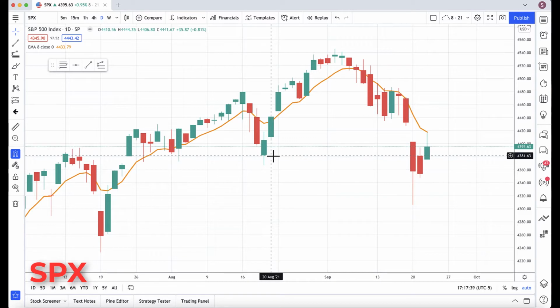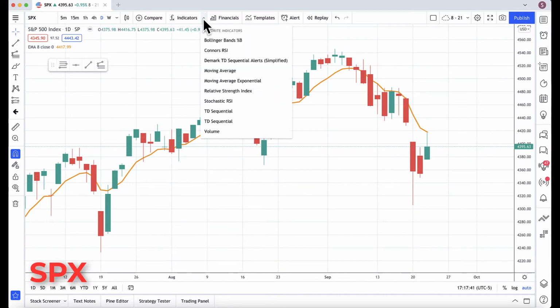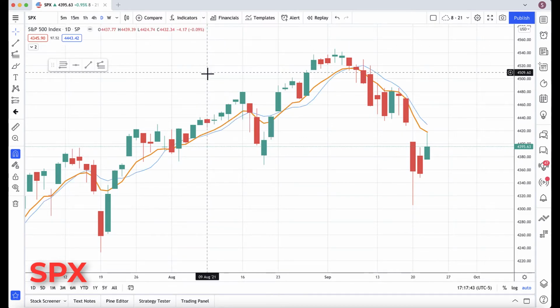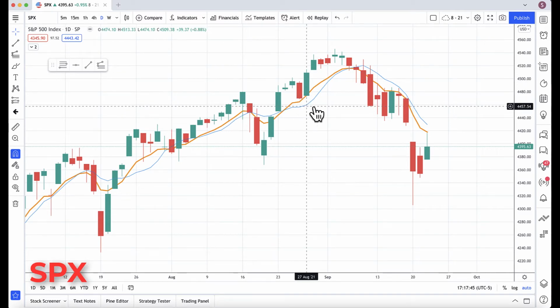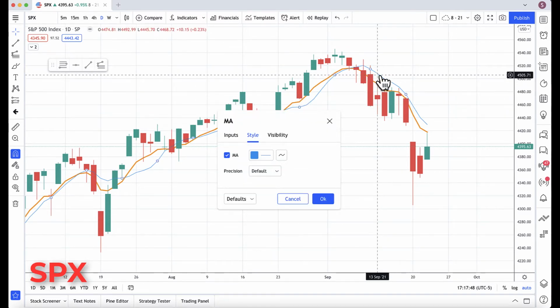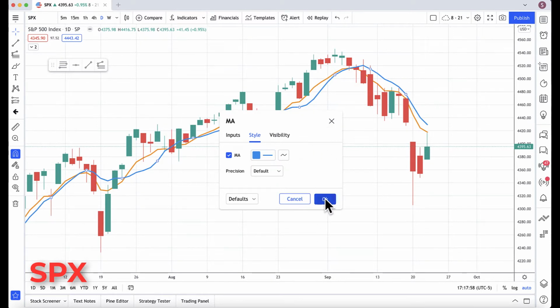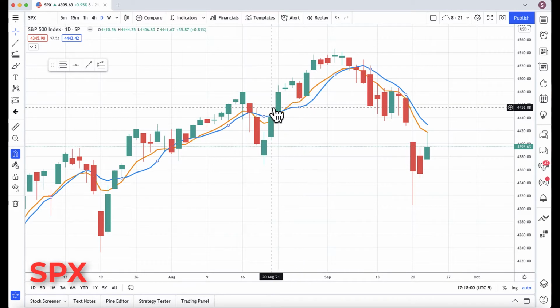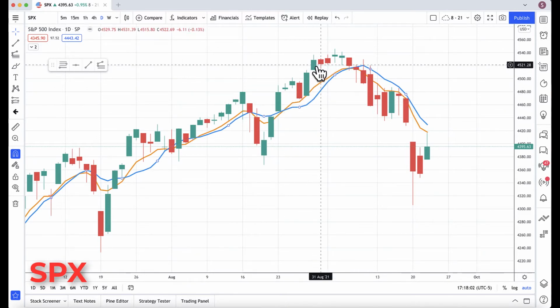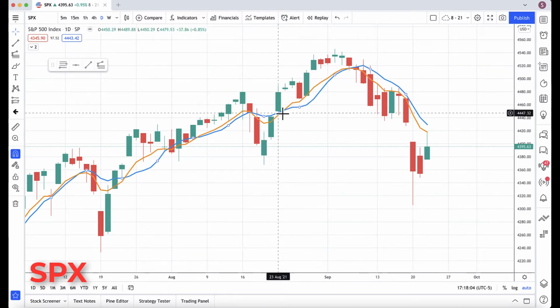What's exponential versus simple? If I put up a simple moving average, you can see here that's that thin blue line. Let me make it thicker for the video. So this is just to show you the difference. Exponential weights the price action heavier for the most recent price action, so it moves faster.